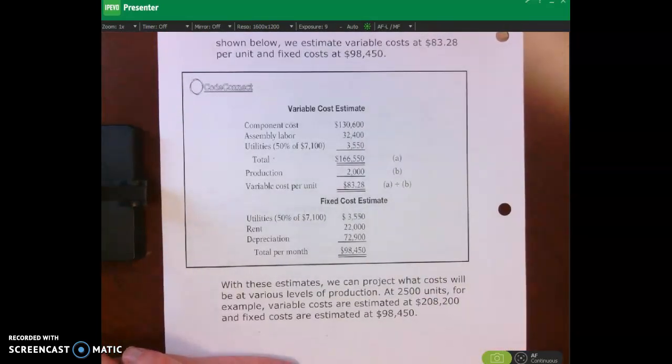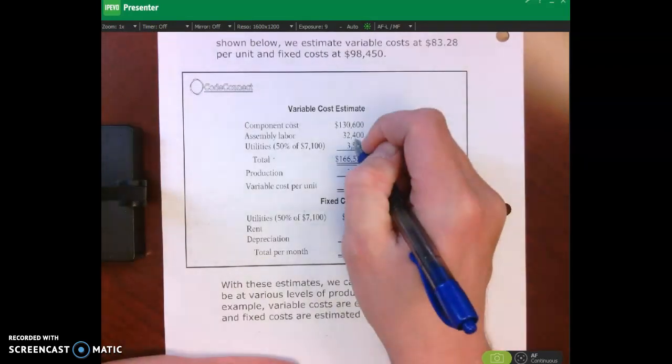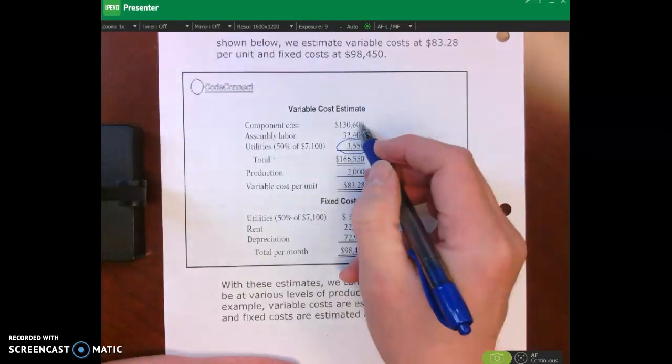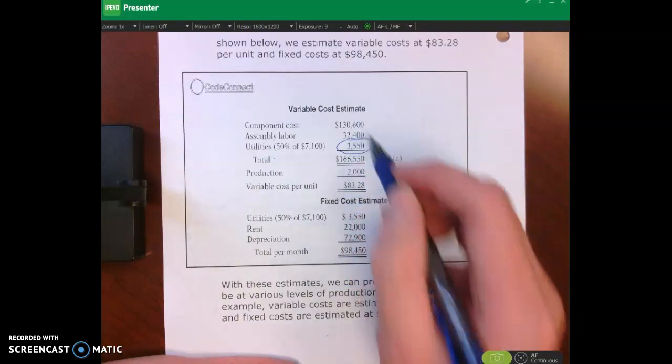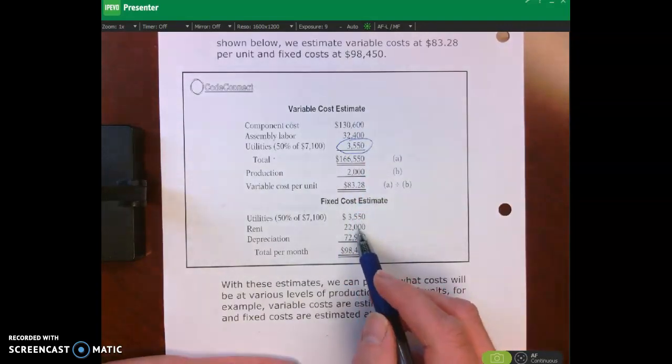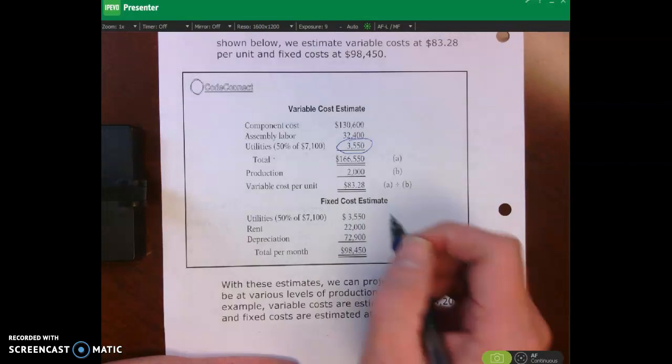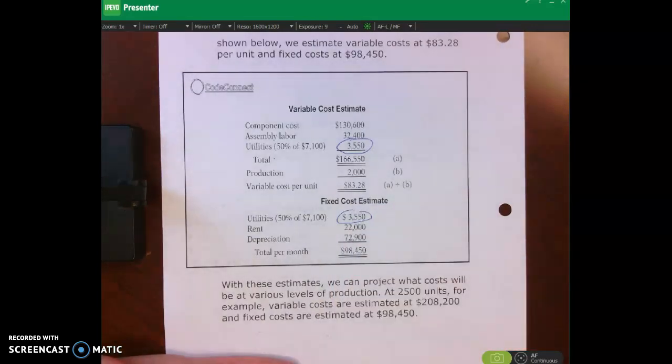The other thing that requires some judgment. So we've done this, we did that, our variable, variable, fixed, and then fixed and fixed. Now our utilities, we said, is a mixed cost. And what we would have to do is rely upon prior experience and our professional judgment to say, of the utilities cost, how much is fixed and how much is variable.